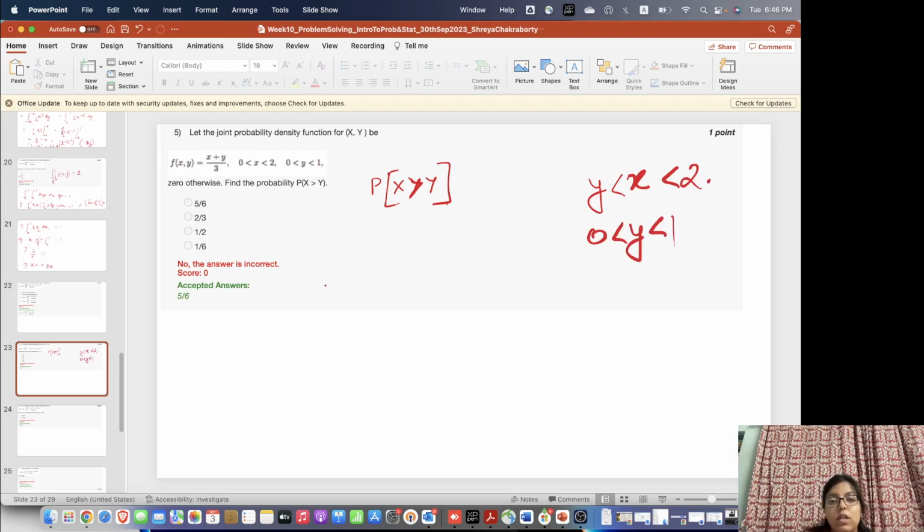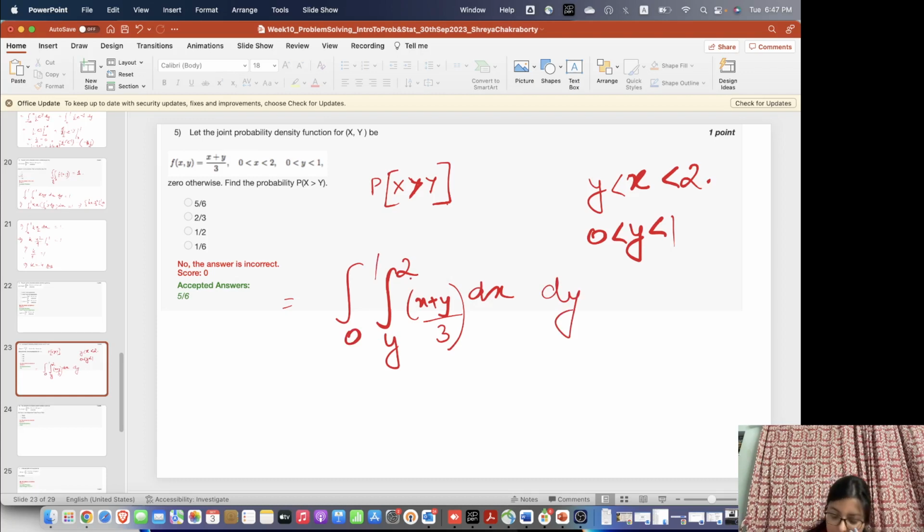So we would first integrate with respect to x. So x can range from y to 2, and then y can range from 0 to 1.